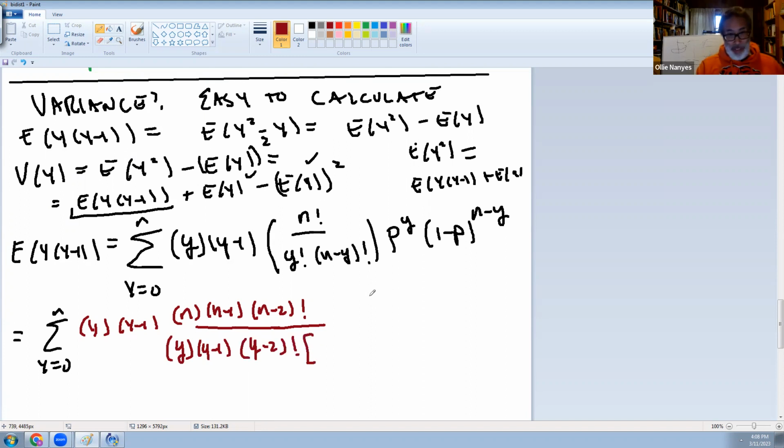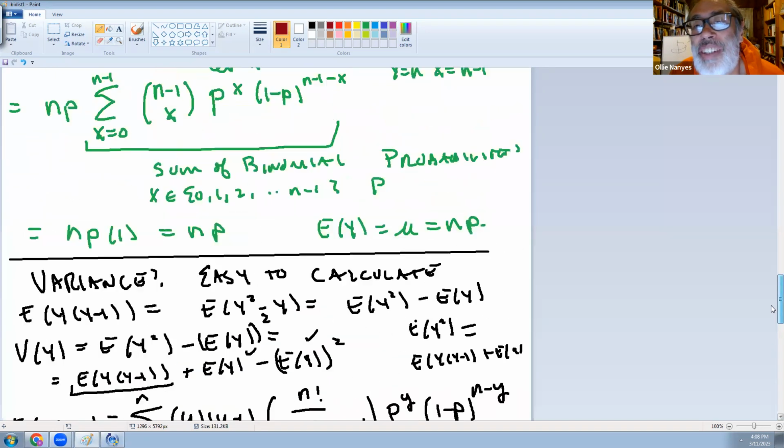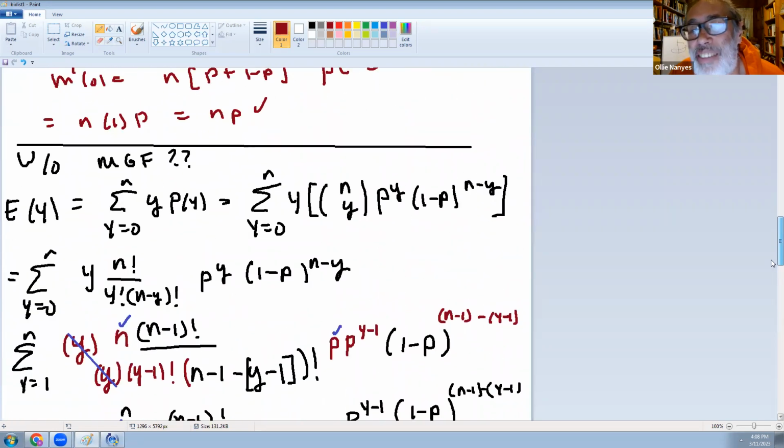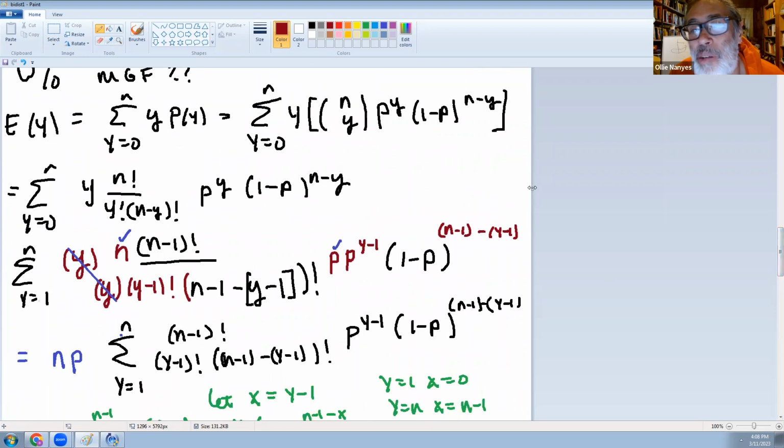Now let's do the same shenanigans here. I'm going to take 2 away from n and subtract from that y minus 2 factorial. And notice I haven't changed a thing here. And notice it's really the same old, same old.